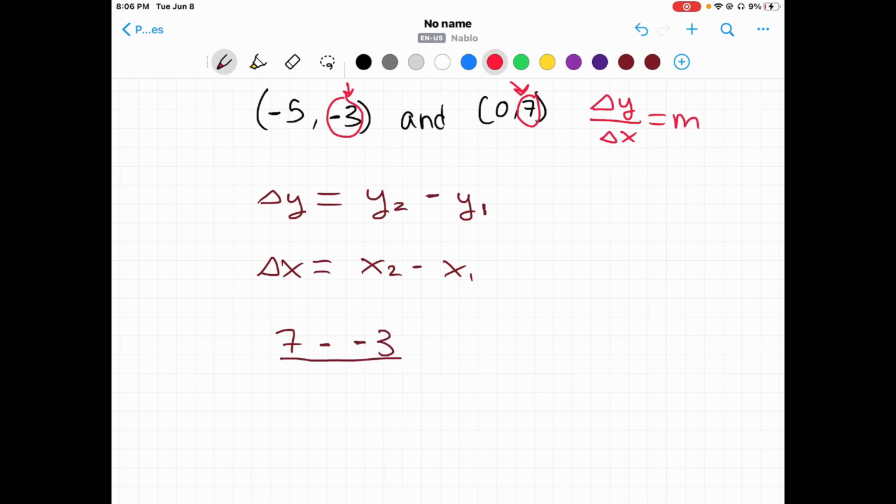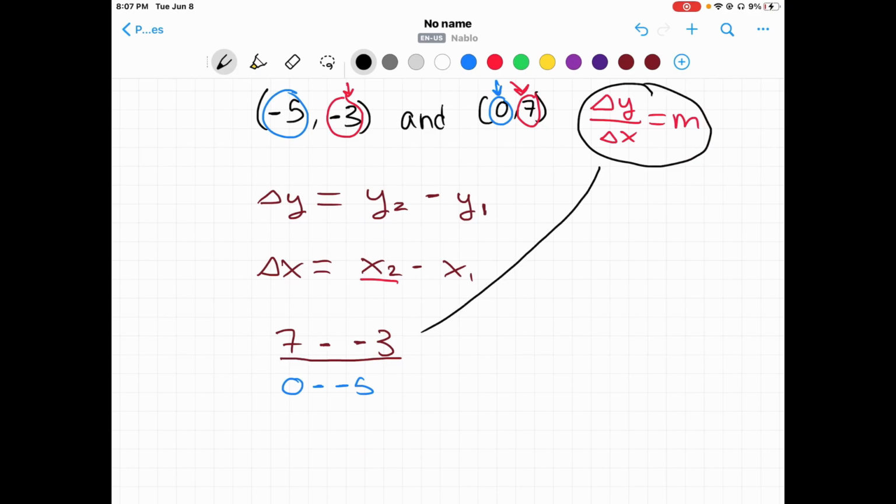over the change in x, and we're going to get to that right now. So x2 is going to be this 0 right here, since it is the second x value, and x1 is going to be this -5. So then change in x would be 0 minus -5. Now this change in y over change in x is right here, and now we would just solve.